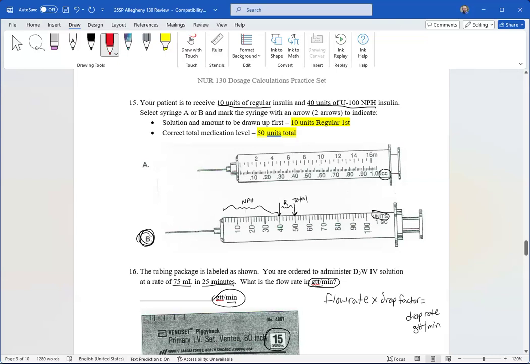It's the syringe one, and the answer is syringe B, regular first, 50 units total. Oh, okay. That sounds like an incomplete question if there's no picture of the syringe. I'm just trying to say what the answer key says on it.